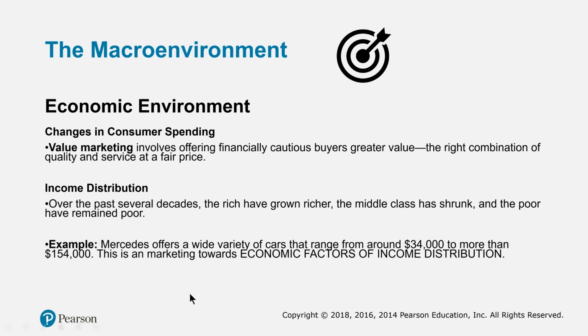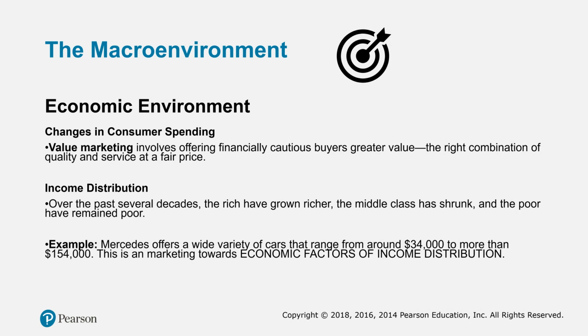So an example here is Mercedes. They offer a wide range of cars. So Mercedes could be like Zippies at one point. They used to only really market to the higher end, but now they realize that, okay, if the economy goes bad, then I lose. So I need to have something that meets everybody's needs. So that's what I would suggest to Zippies too.